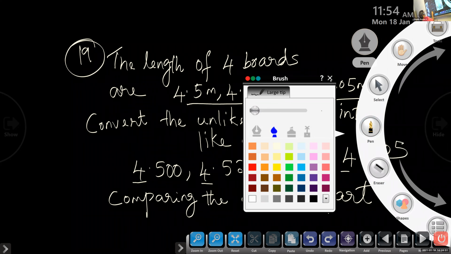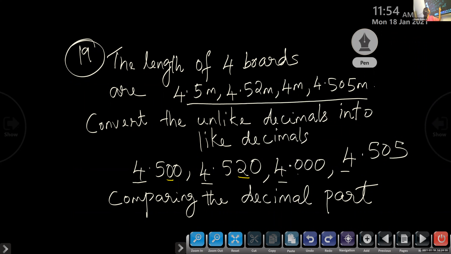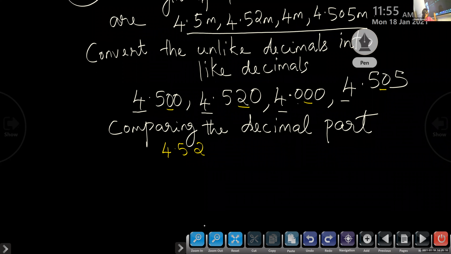100th place, here we have 0. Here we have 2. Here we have 0. Here again we have 0. So which is bigger? 4.520. So we can compare the decimal part. We have 4.52. Okay. That 0 we can write here, but in the question it's not there. So this is greater.